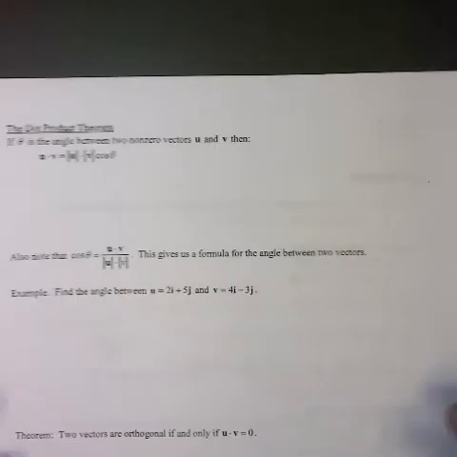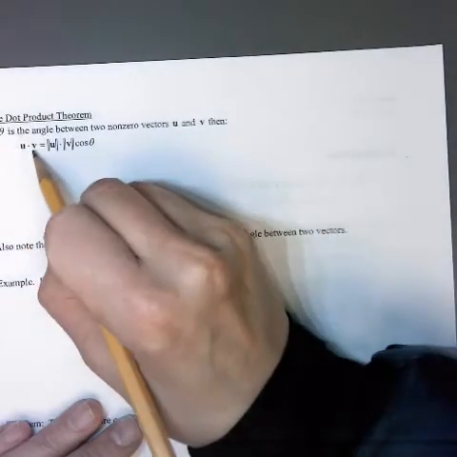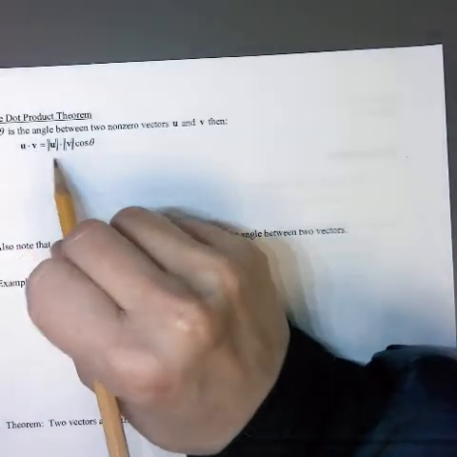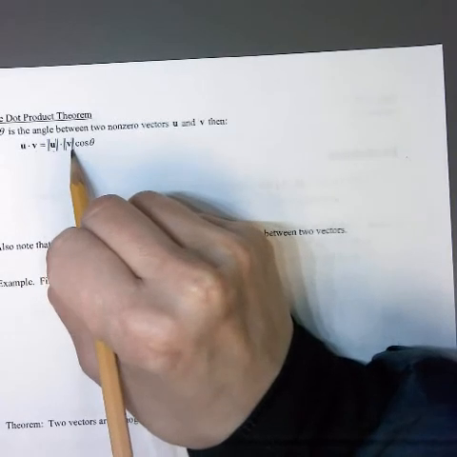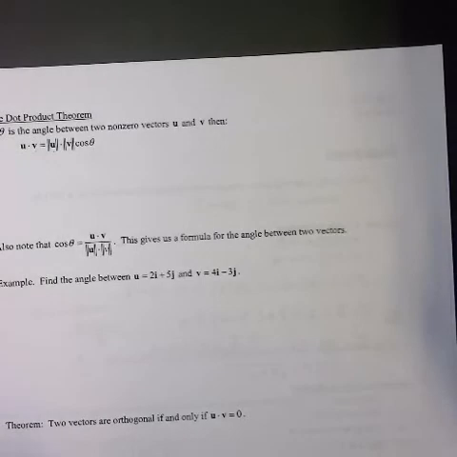We're not going to prove this theorem either, but there is a proof in the textbook if you are interested in it. But we can show that when you take the dot product of two vectors, that's a scalar, right? You'll get the same result if you take the magnitude of the first vector times the magnitude of the second vector times the cosine of the angle in between the two vectors.